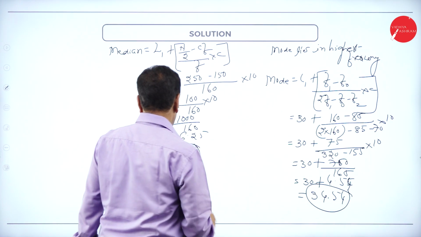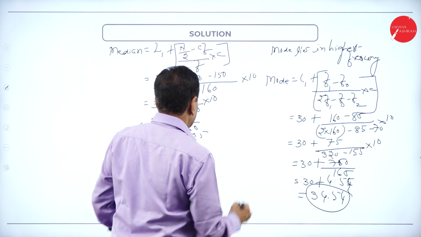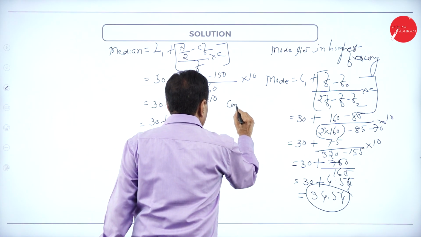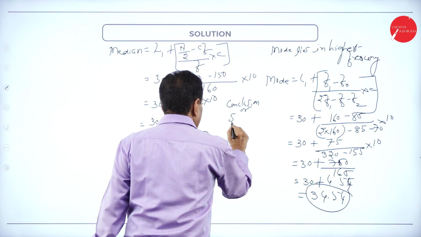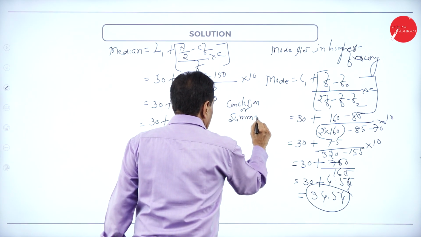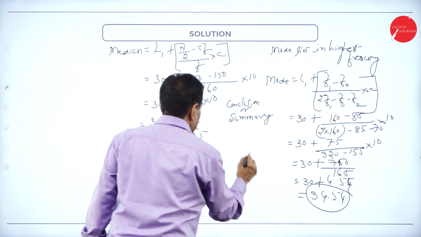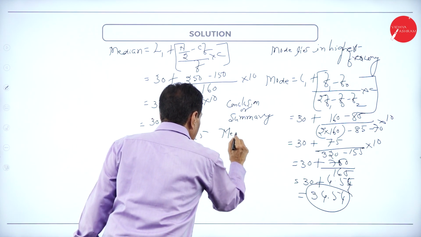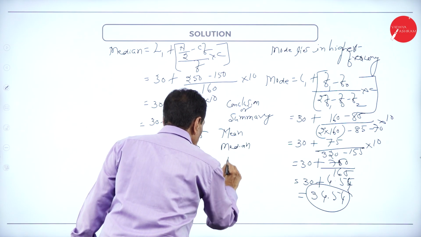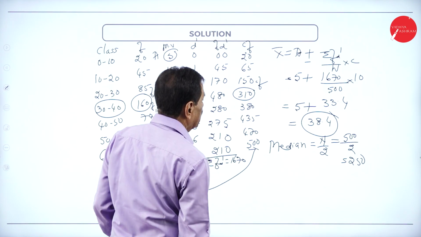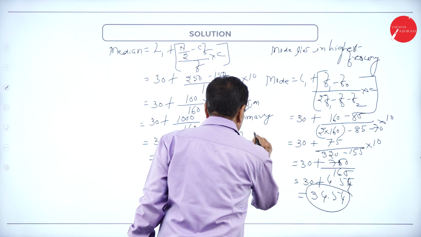This is the mode. So your mean, median, conclusion or summary: mean, median, mode, 38.4.